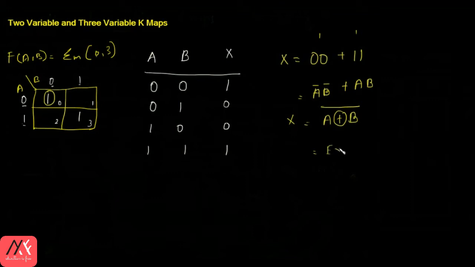If it is A XOR B whole bar, it is XNOR, right? So this is the truth table of an XNOR logic gate. If you ever see this in a GATE exam or any competitive exams, you can come to the conclusion that this kind of grouping deals with XNOR operation. So if you see this in a multiple choice question, you can conclude that it is XNOR.